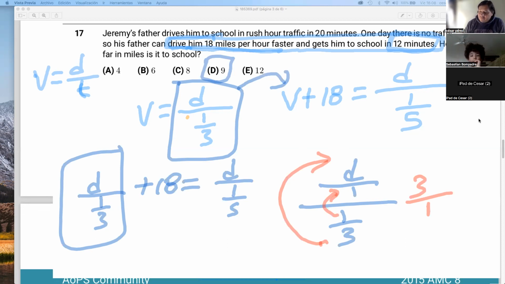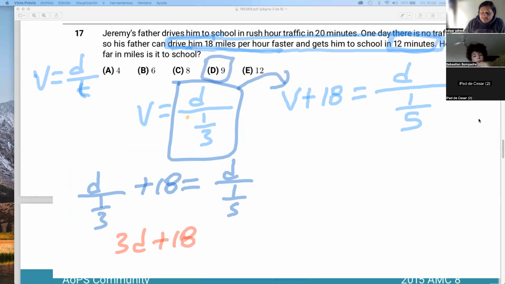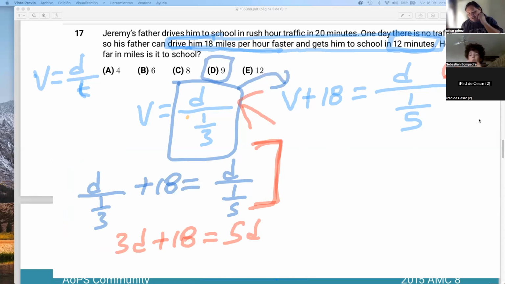If we simplify, we will have 3 times D plus 18 equals, what do we get if we simplify this? 5D. 5D, okay? We must have made those in the first place, so we will get an easier solution.